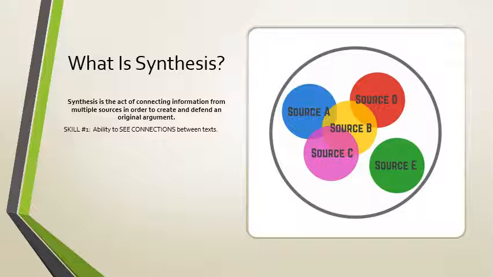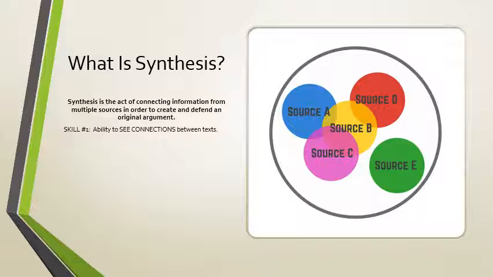Whereas before with the rhetoric stuff, especially rhetorical analysis, you probably were just looking at one text and asking what's the rhetorical situation of that single text, or the text that you're creating.